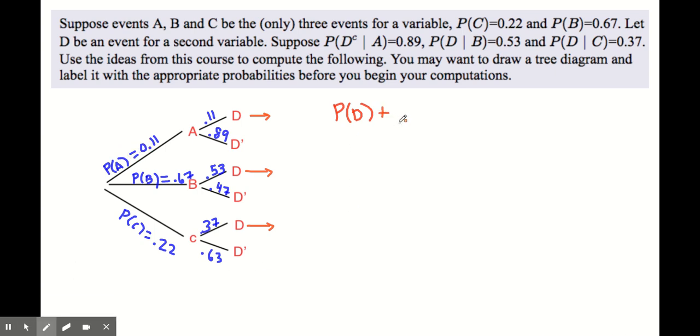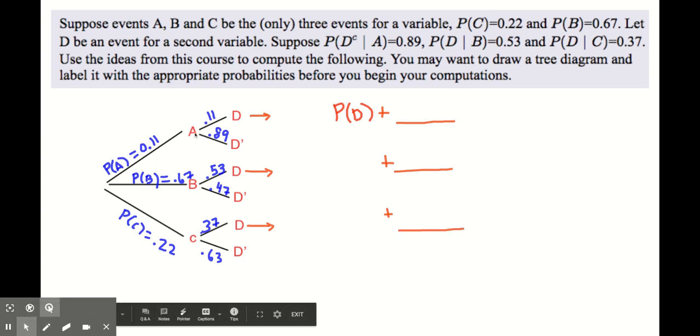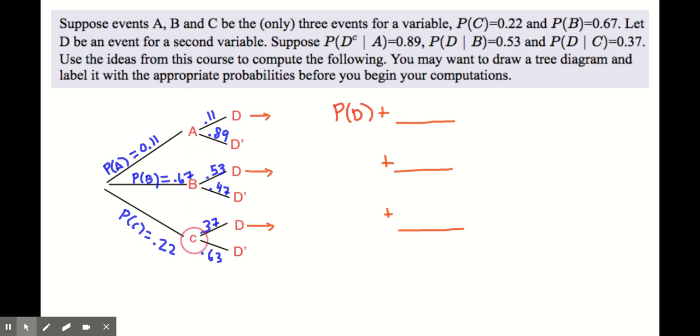If we were to write this out, we've got three pieces that contribute to the probability of D happening. If D is going to happen, it's either because A has happened first, or B has happened first, or C has happened first.